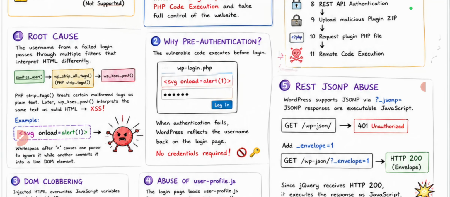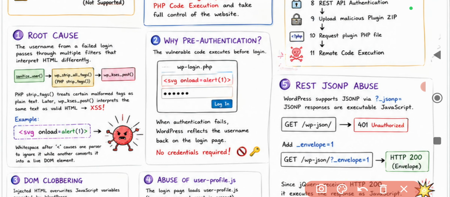I have shown you what DOM clobbering is. Let us discuss the root cause. The username from a failed login passes through multiple filters that interpret the HTML differently.